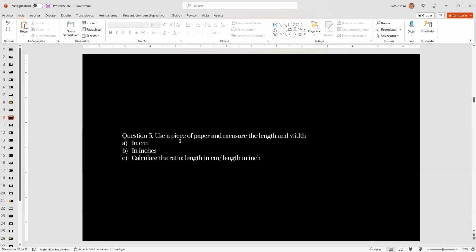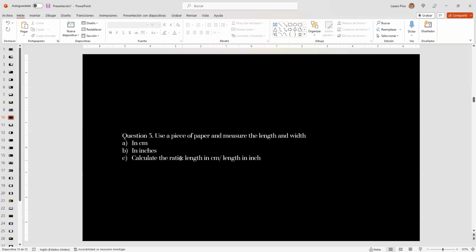Question number 5. Use a piece of paper, the regular paper that you have at home, to write a letter, for example. And I want you to measure the length and the width of the piece of paper, in centimeter and also in inches.